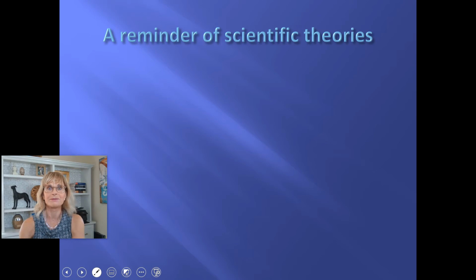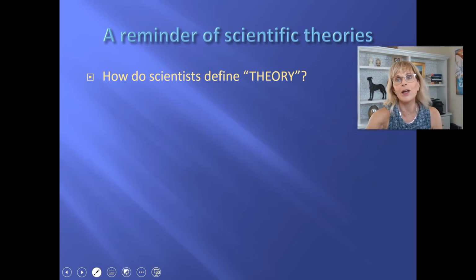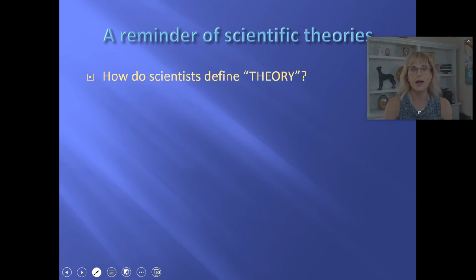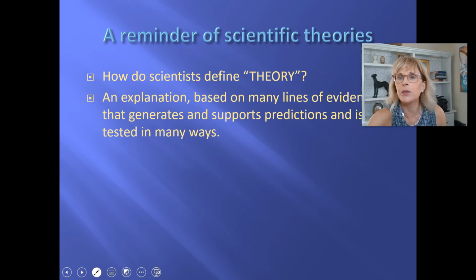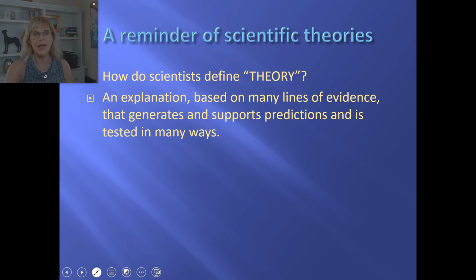Okay, all right. So before we go any farther, let me remind you about scientific theories. Scientists do not use the word theory the way regular folks use the word theory. A theory is an explanation of why something happens.